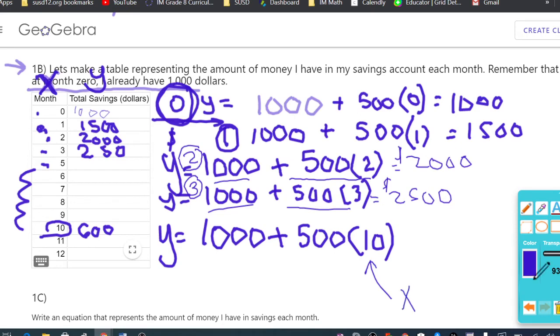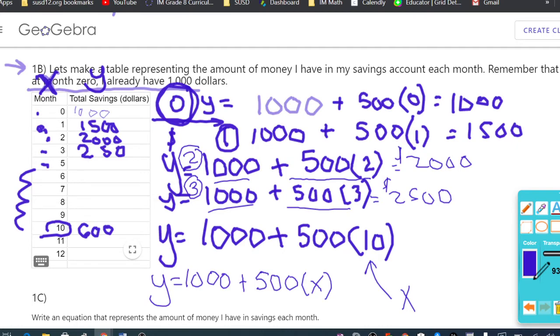So we can always calculate how much money I'll have by inserting the number of months here for the x value. This makes an equation. Y equals $1,000 in the bank initially plus $500 a month times the number of months that I have been earning. It looks like this. Here's the equation.